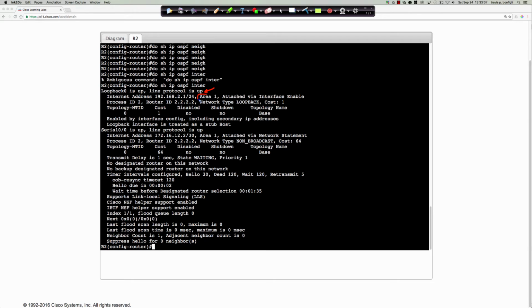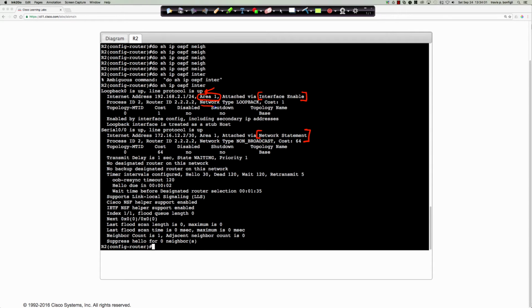It shows us the area that loopback 0 is a member of. It says it's attached via an interface enable, and the text does a good job of calling this out. You can see it's attached how? A network statement. So here we used the network statement, whereas here we said IP OSPF 2 area 1.